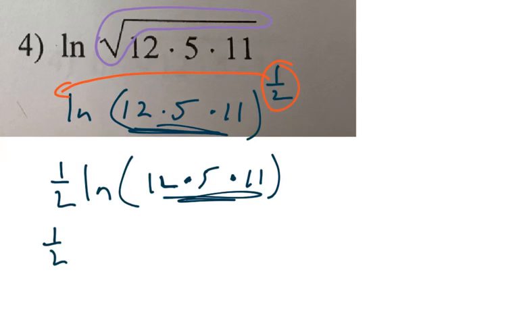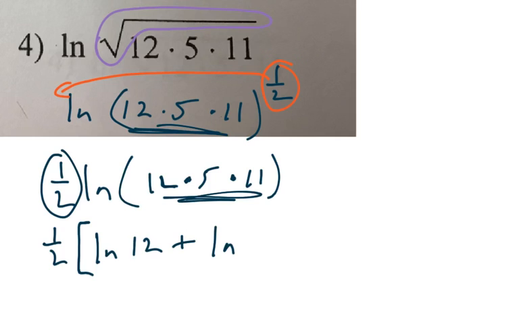So I have a 1/2. Now this time, using distributive property, I'm going to put a parentheses here. That 1/2 is going to stay for the whole problem. I have the natural log of 12 plus the natural log of 5. Again, that times means plus, actually, right? And then we have another times here, so plus natural log 11.